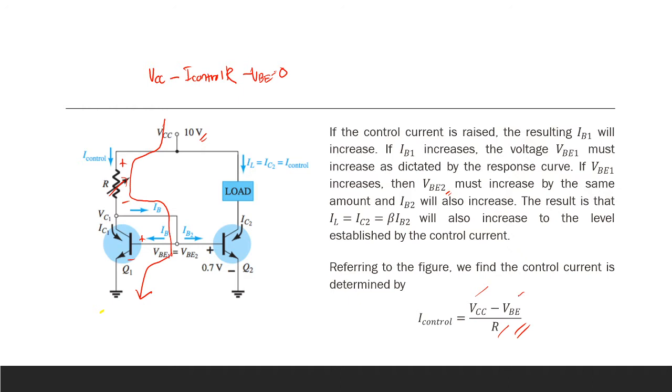Kasi VBE, hindi naman nababago to basta-basta since this is a characteristic ng isang specific na transistor. So, yun, ganun nangyayari yung pag-mirror natin. And this is how you set your I control. Again, you have two choices how to increase or decrease the value of I control. You can change the value of VCC or you can change the value of the resistance.